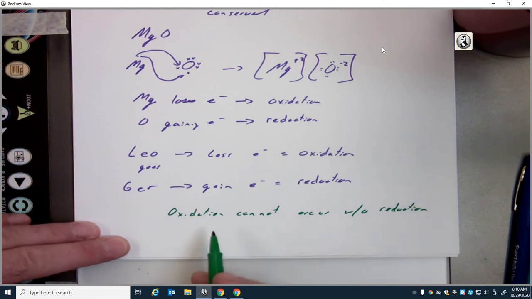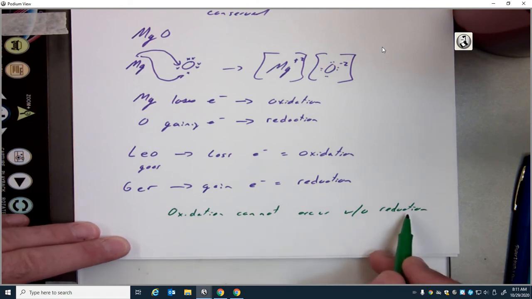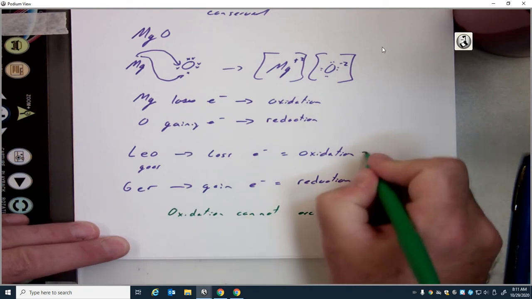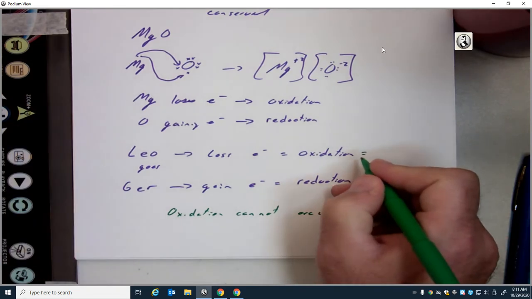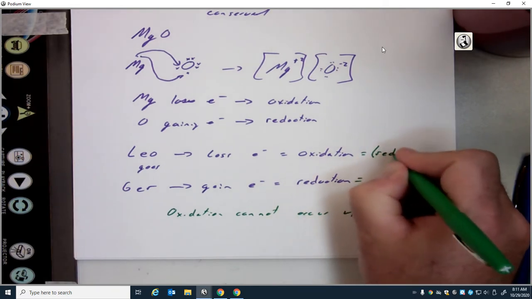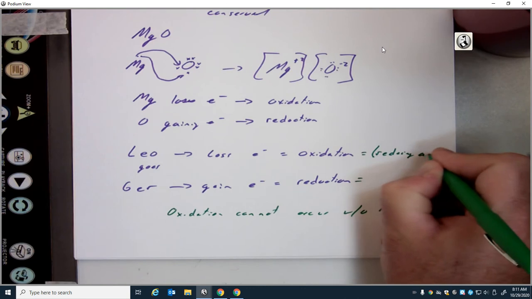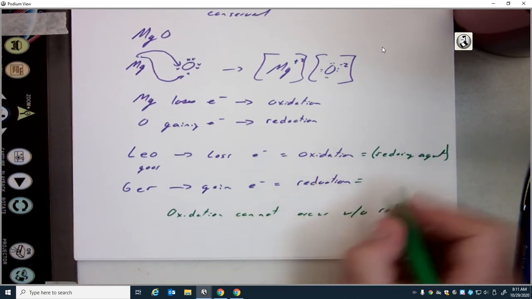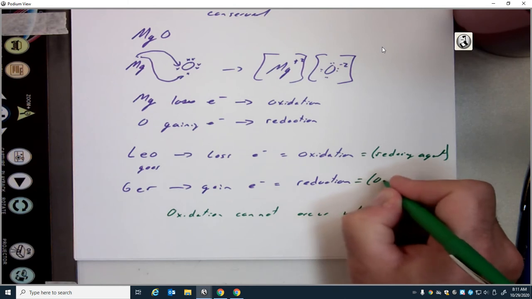All right, so the thing that goes through oxidation is going to cause something else to go through reduction. The thing that goes through reduction and gains electrons is going to cause something else to go through oxidation. That's why the thing that goes through oxidation is called the reducing agent. And the thing that goes through reduction is called the oxidizing agent.